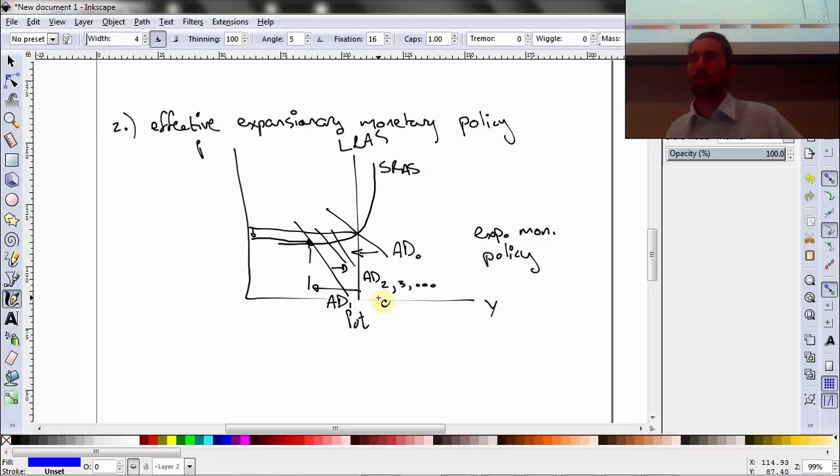You see that? If we have a vertical aggregate supply curve and we shift our aggregate demand to the left, our prices fall significantly, but our output hardly changes. You see that? Okay.